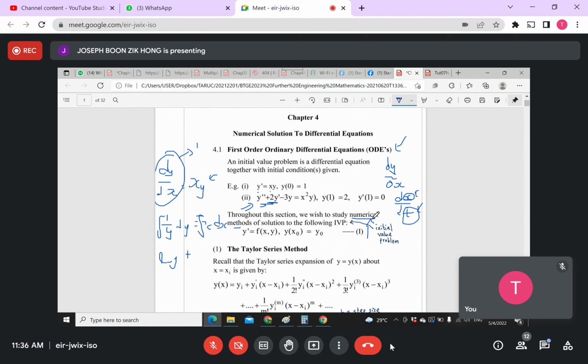But again, the numerical method is normally not that accurate. It depends on how many iterations you do. The more iterations you do, the more accurate it will be. But if you want more iterations, more steps, that means you have to take more time.